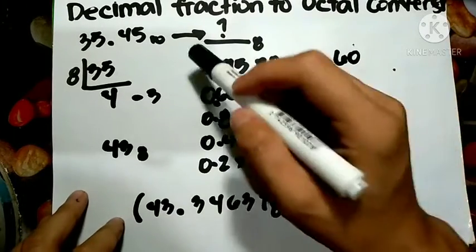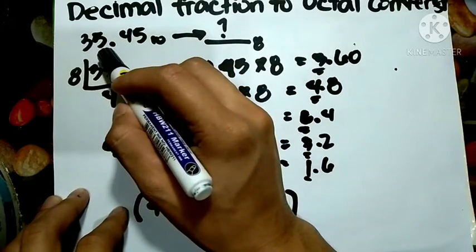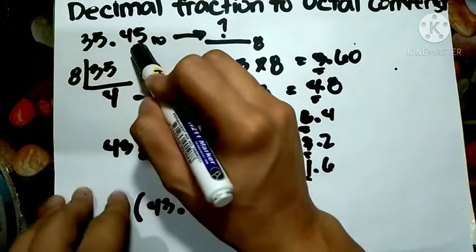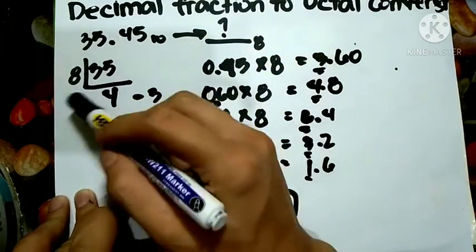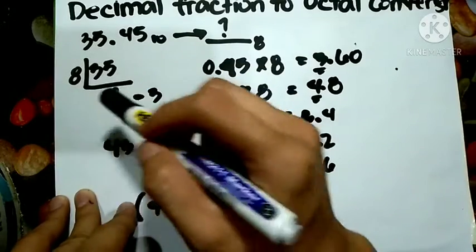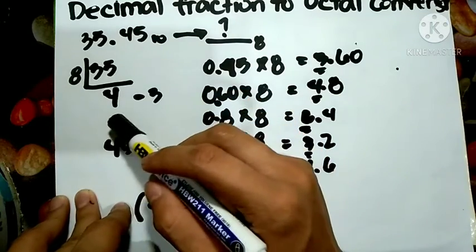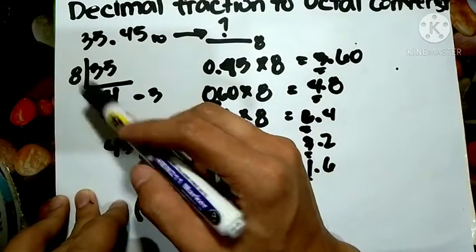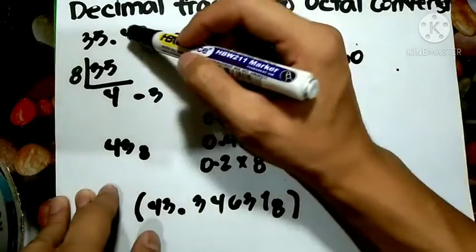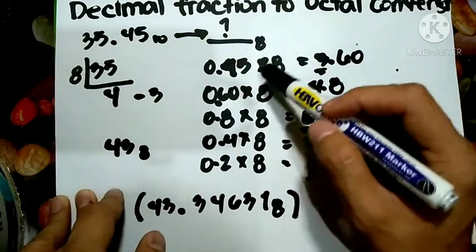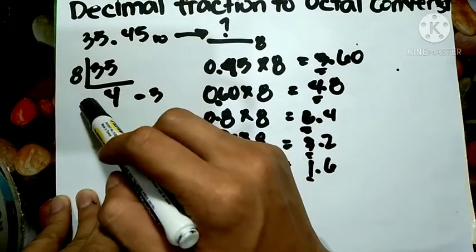So let us recall what we've done here in decimal fraction to octal conversion. We separate the integer number from its fraction and divide it by 8, because our answer must be in base 8. So 35 divided by 8 is equal to 4, and we stop right here because 4 cannot be divided by 8. Our answer is 43 in base 8. For its fraction, the 0.45, we multiply it by 8, the opposite of what we did here.